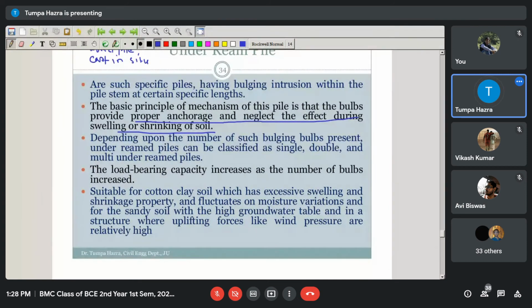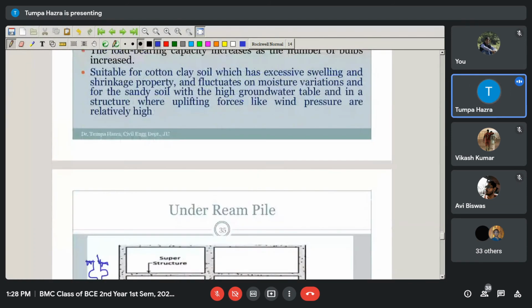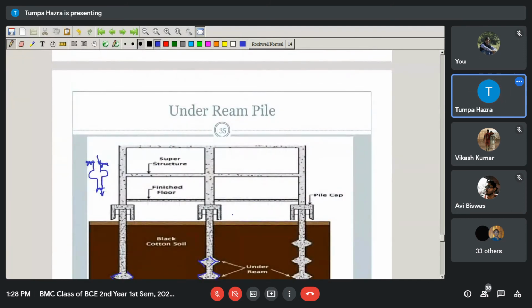So this is a specific type of pile which has bulging portions within the pile stem at certain specific lengths. These are the stems of the pile, and these are the bulging portions of the piles, and adjacent to two bulges there are stems.